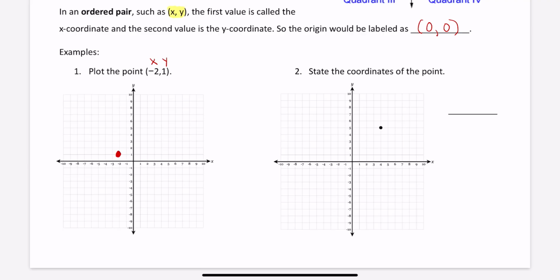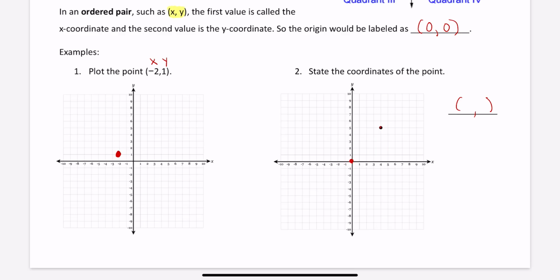Okay, in example 2, I'm giving you a point and I want you to label it. So I want you to write out the ordered pair. So again, I'm going to do x first. That's left and right. So how far from the origin do I need to move to line up with the point I'm trying to get to? I need to go over, let's see, 1, 2, 3, 4 points, and now I'm lined up with that point.